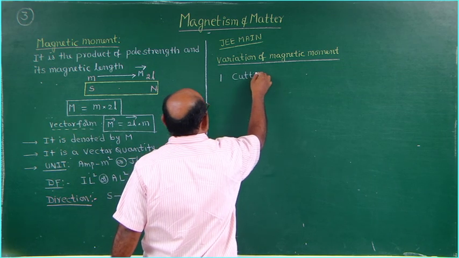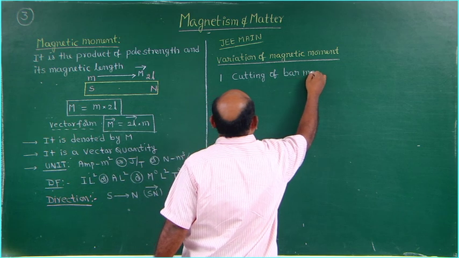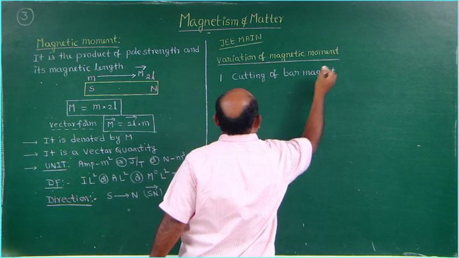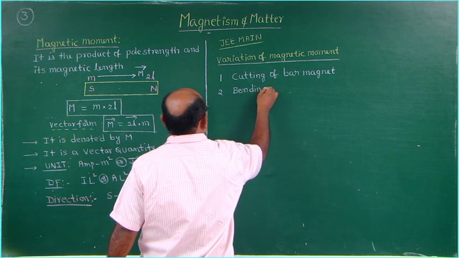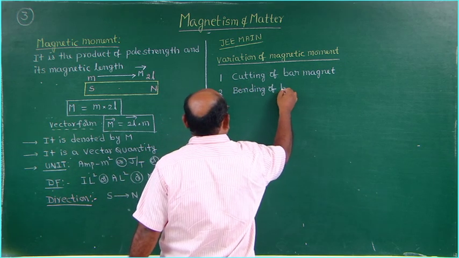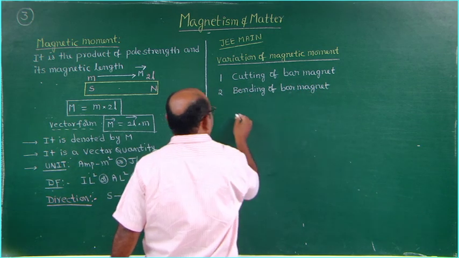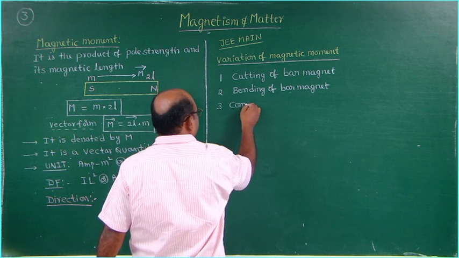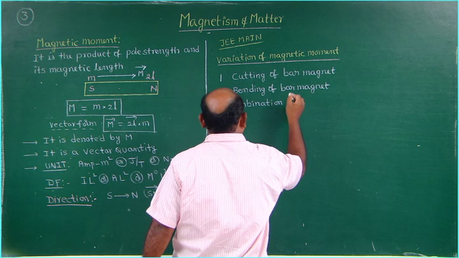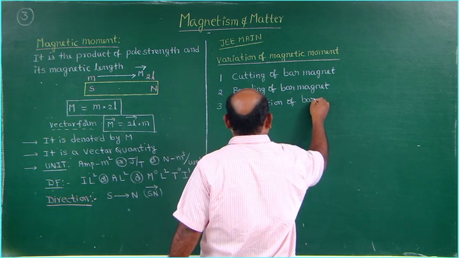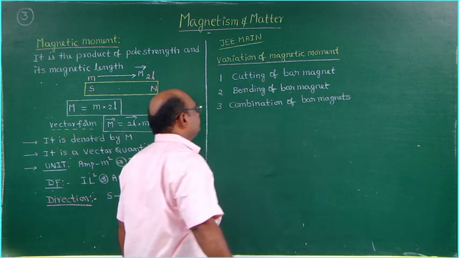By cutting off the bar magnet. Second one is bending of the bar magnet, and the third one is during combination of bar magnets, right.